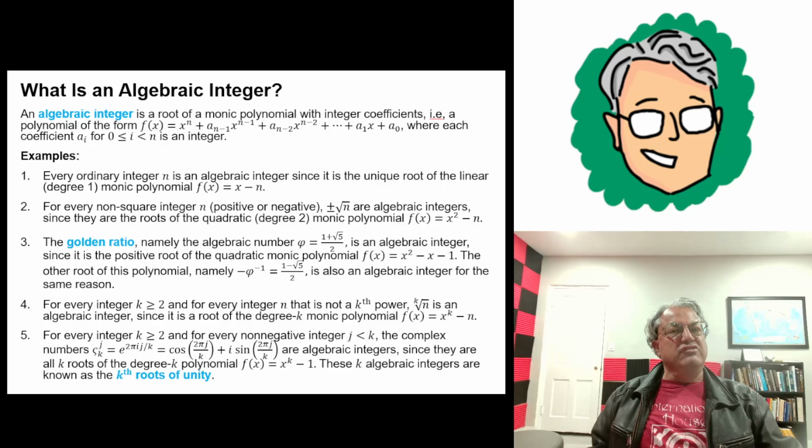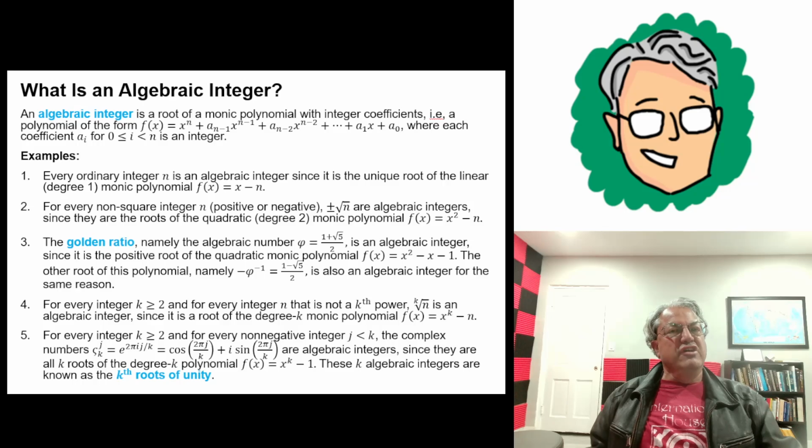They form a regular k-gon with one of the vertices along the positive x-axis. x equals 1 is one of the vertices, and then these other numbers are the other k minus 1 vertices of this regular polygon, and they satisfy the polynomial f of x equals x to the k minus 1. That's why they're called kth roots of unity, because x to the k equals 1, so you could say x is a kth root of 1, and it turns out there are actually k kth roots of 1.